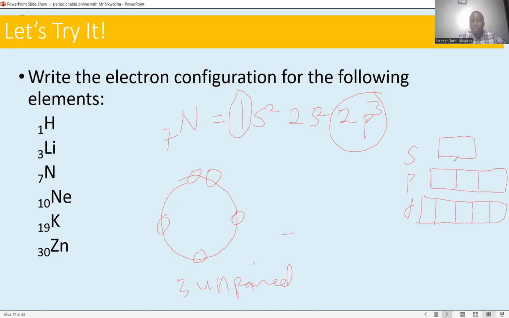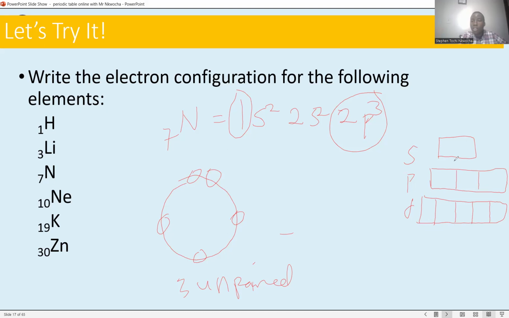Now, according to Hund's rule, which you are going to see in the next slide, you remember that Hund's rule, when you are filling electrons into orbitals, they should be singly filled before you pair them. Remember, Hund's rule, H-U-N-D, Hund. So we are filling electrons into this 2p orbital, they should be singly filled before pairing.